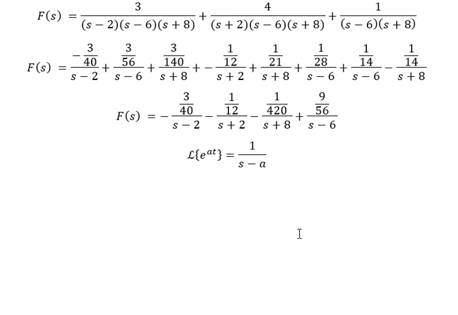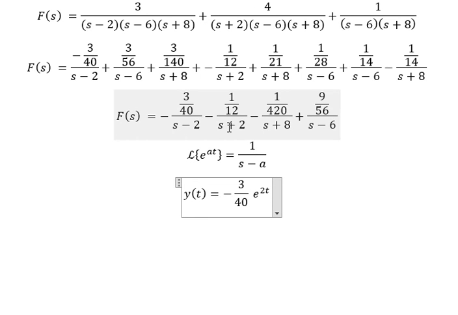So we have the final answer in here. This one we have number 2, so a equals to number 2, and we have e to the power of 2t.